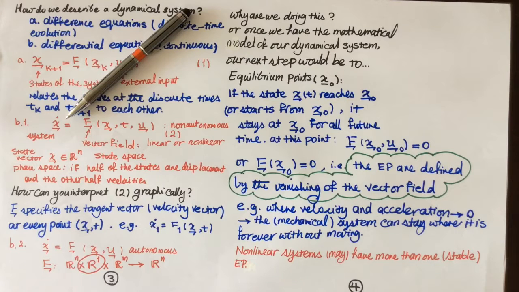For example, if I had my spring mass system, on the left hand side, my state vector constitutes velocity and acceleration. Velocity is found by differentiating displacement, and acceleration is found by differentiating velocity.